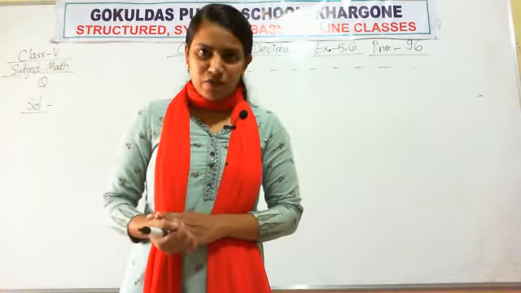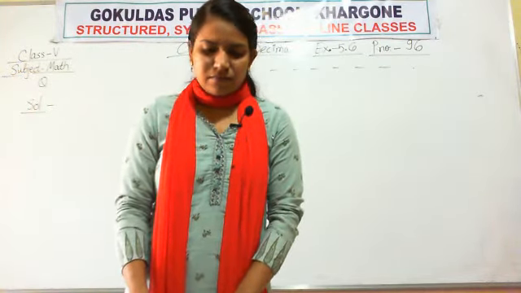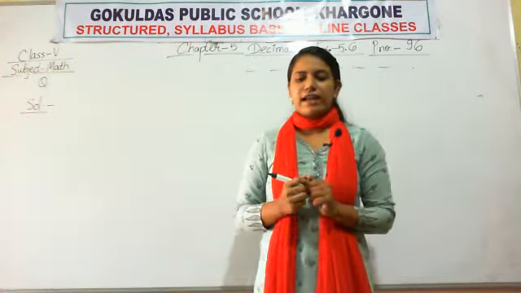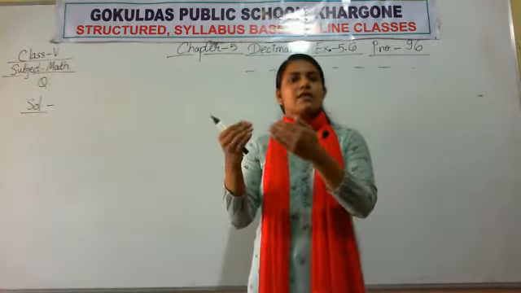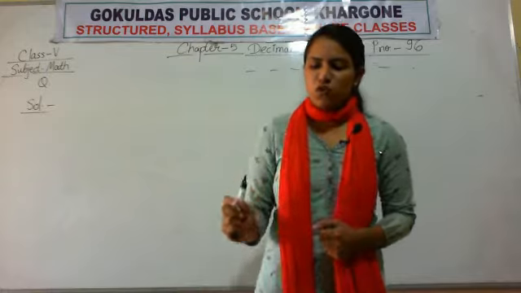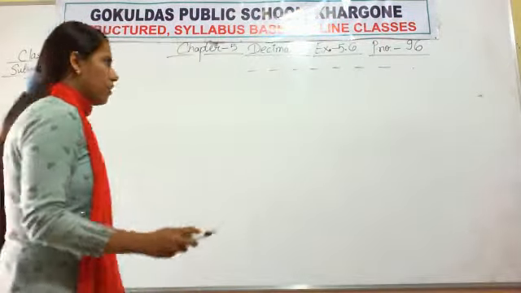What is the speed of the train? In this question, one hint is given in your book, that is speed equals distance upon time, or distance divided by time. So we need to use this hint, or you can say it is a formula.